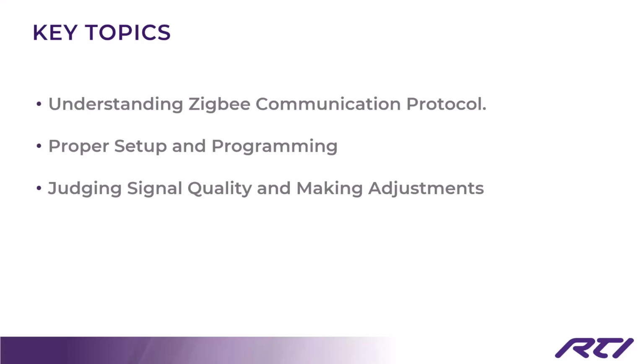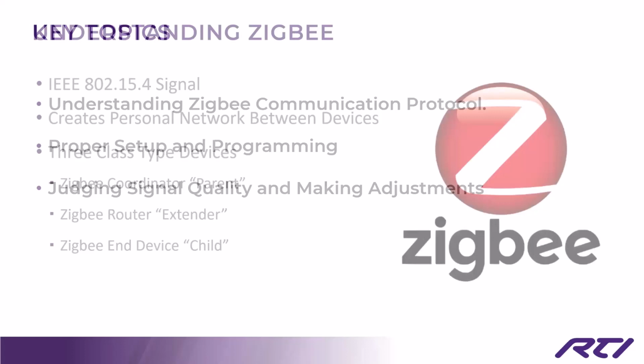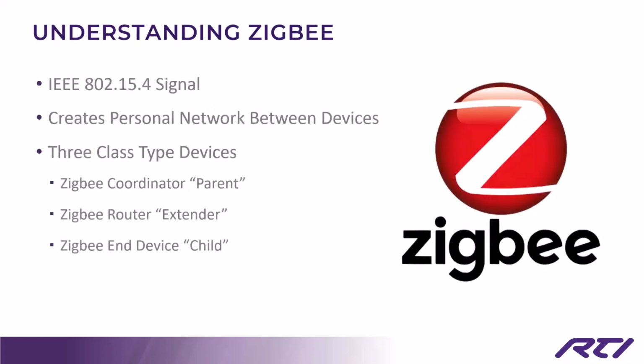When we start talking about Zigbee, what is Zigbee? Zigbee is an IEEE 802.15.4 based specification for a suite of high-level communication protocols used to create personal area networks between devices. This allows those devices to communicate in two-way fashion.